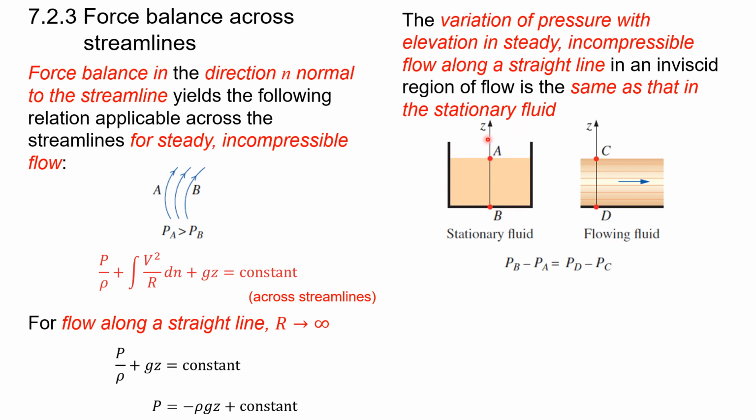A is at the free surface, so it has atmospheric pressure. But B is at depth, so we know P plus rho gh. Okay, so the height is affecting. So the pressure at B will be more than the pressure at A. Similarly here, the pressure at D will be higher than at C. So it can be related to stationary fluid. That's why here PB minus PA for this equals PD minus PC for this.